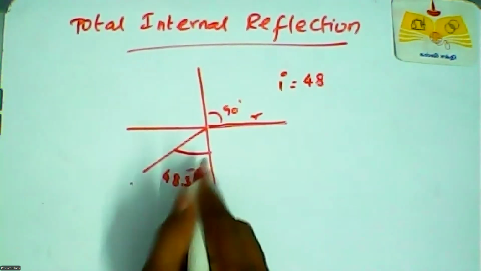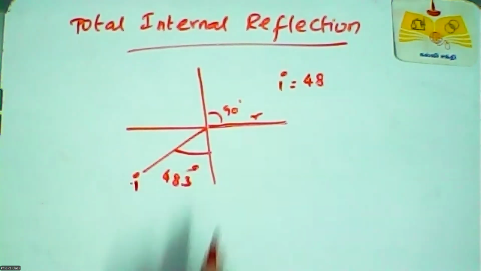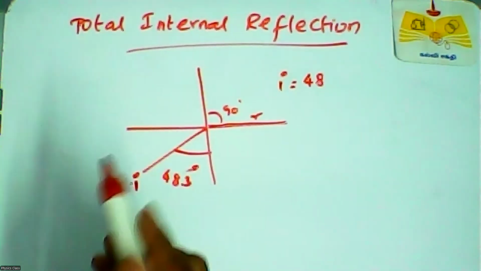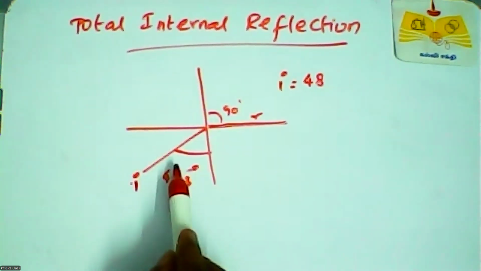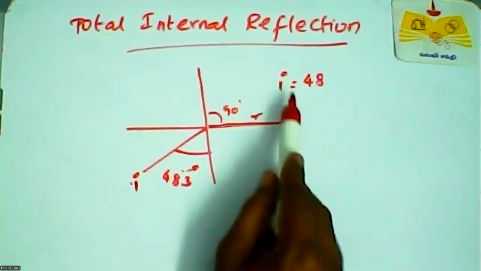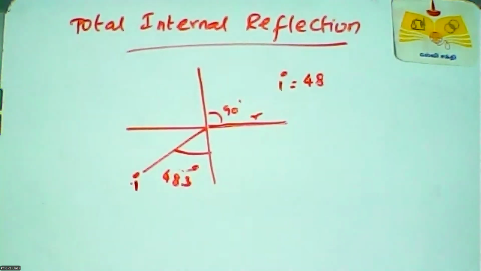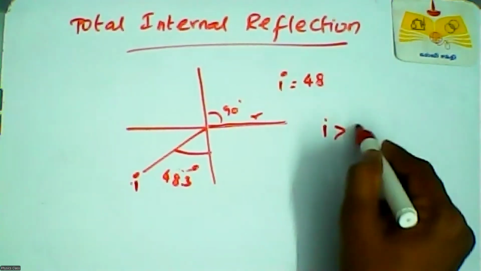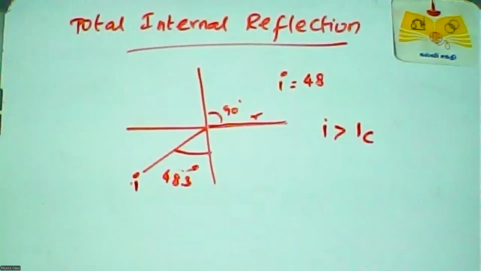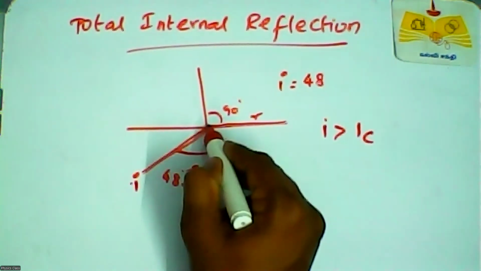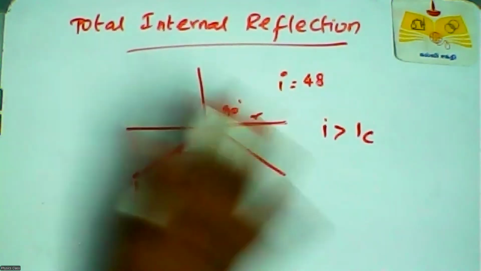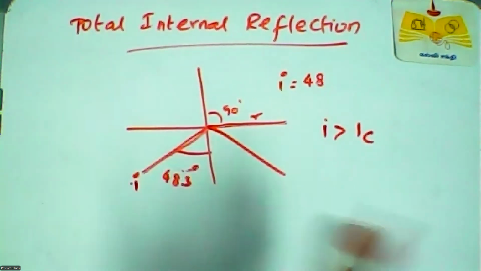This is i. So when a light ray is passing from the denser medium to the rarer medium, if the angle of incidence is greater than the critical angle, that is i is greater than ic, it gets reflected into the same denser medium, without any refraction.